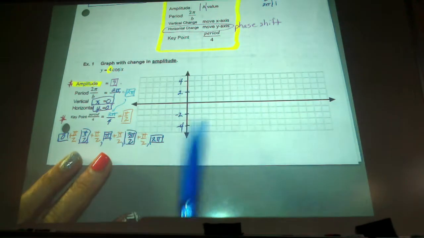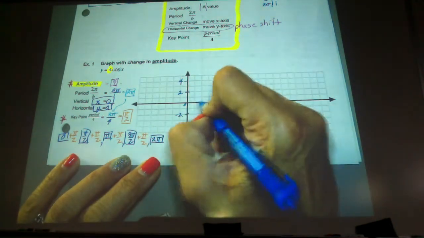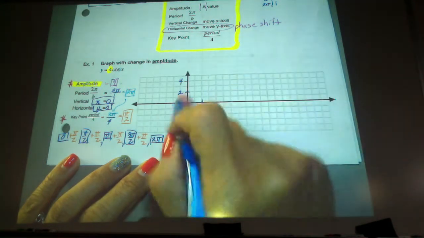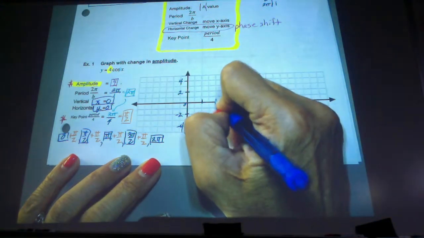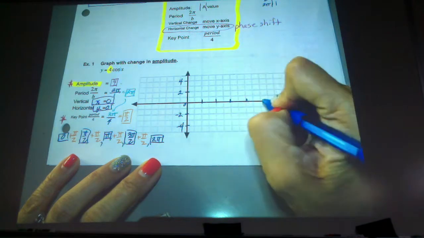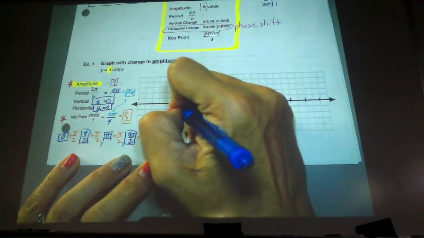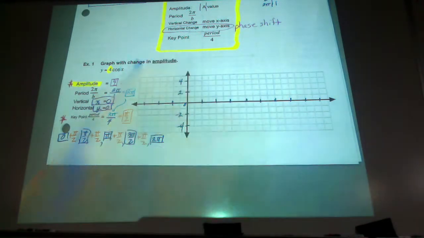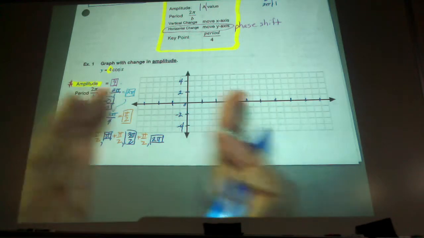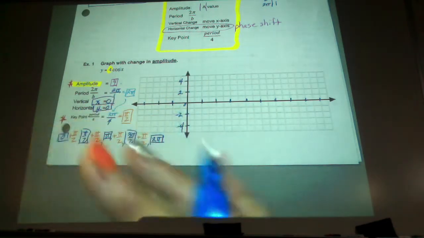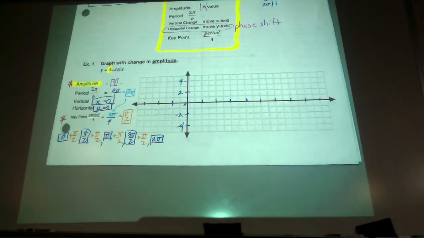And so for my x-axis, I'm going to do the same thing. I'm going to take every grid line and I'm going to go by every other grid line as my key points. And the reason for that is I want to have room to write. If I use every grid line as a key point, my graph is all squished together. And I want to spread it out just a little bit so I can see the shape of the graph and ensure that I'm doing it correctly.